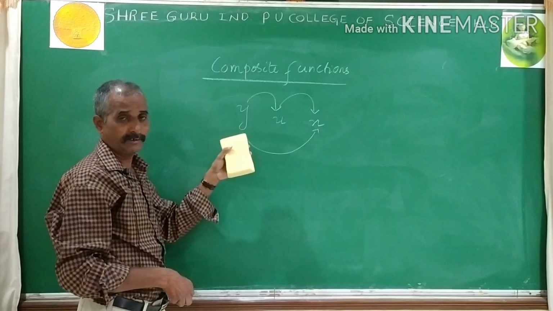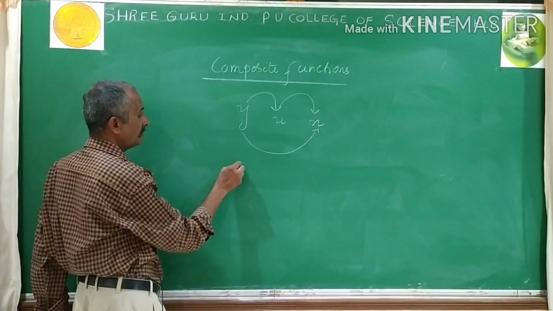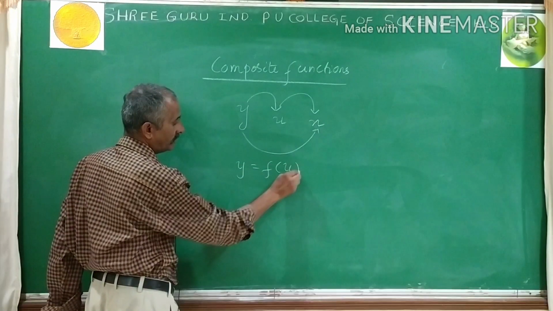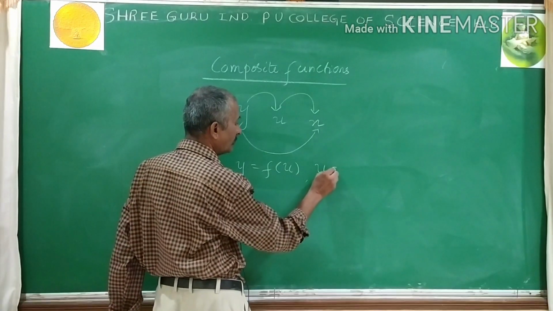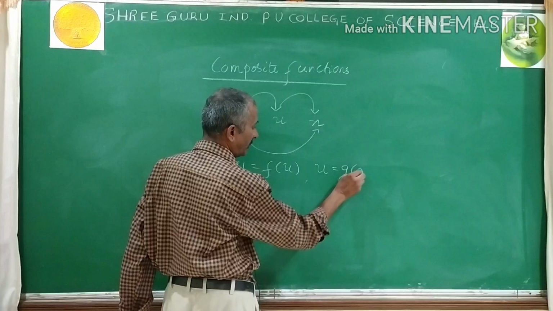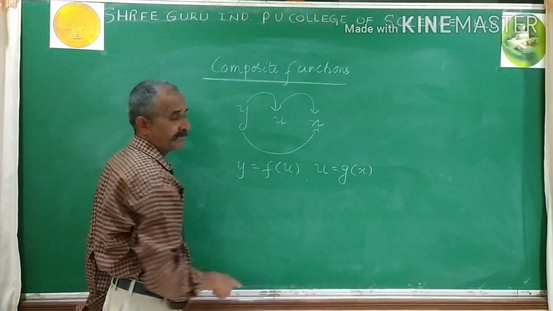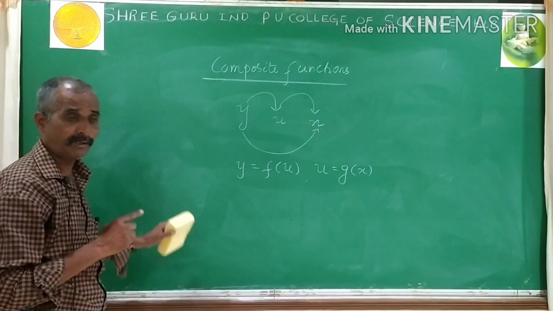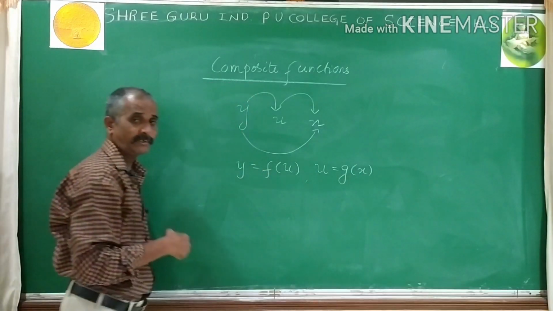That we shall write in mathematical form as y is a function of u, means y equals f of u. Next, u is a function of x, means u equals g of x. And keep in mind here f and g are notations of functions, not notations of variables, whereas y, u, x are all notations of variables.